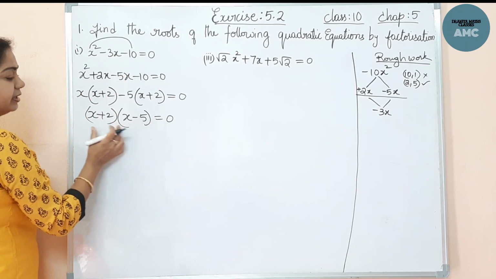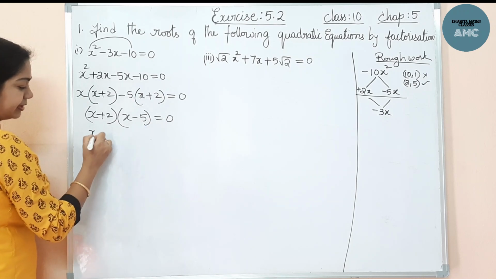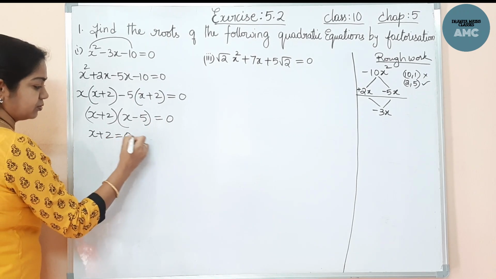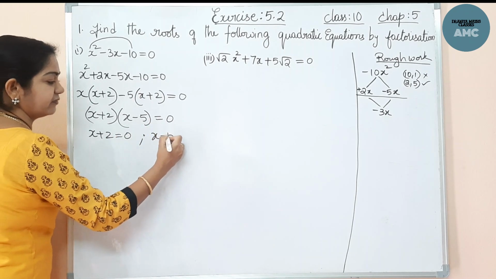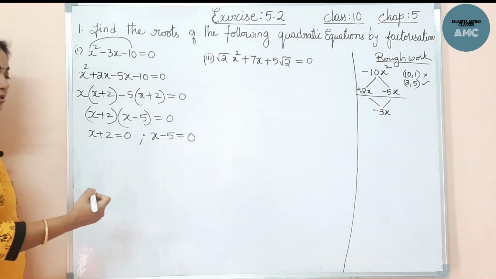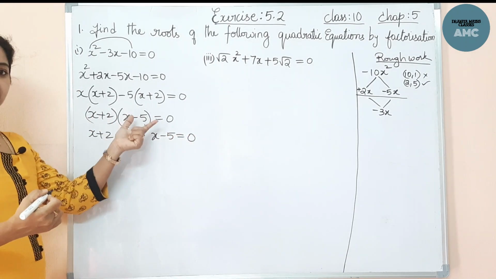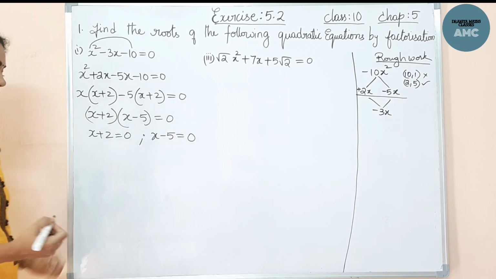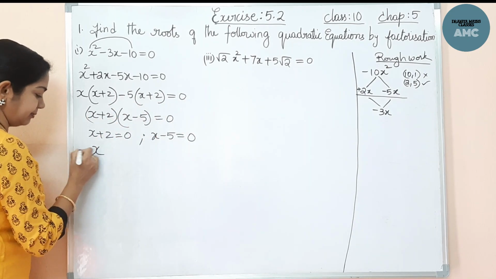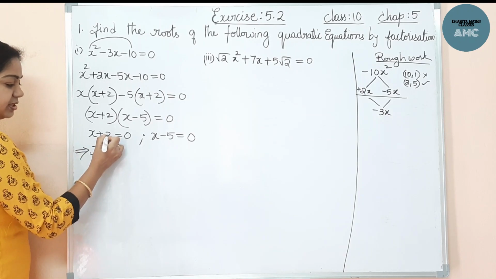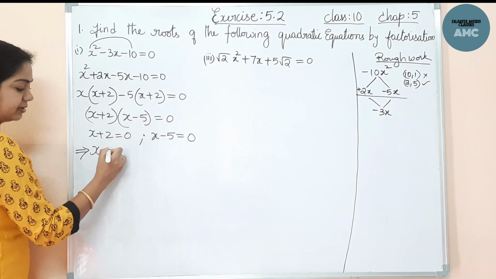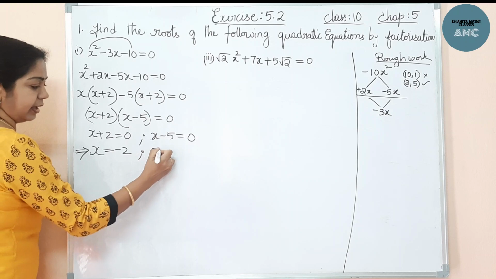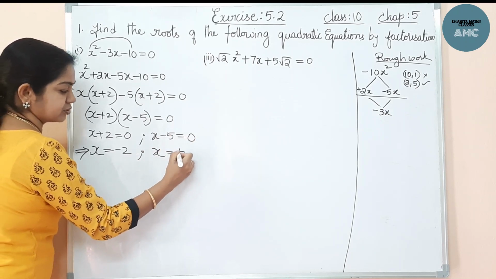Now it is obviously clear that x plus 2 equals 0, and also x minus 5 equals 0. They are binomial products, so this is equal to 0 and this is also equal to 0. Then it implies x, if you shift this 2 to the other side, comes to minus 2, and if you shift that side, it comes to plus 2.